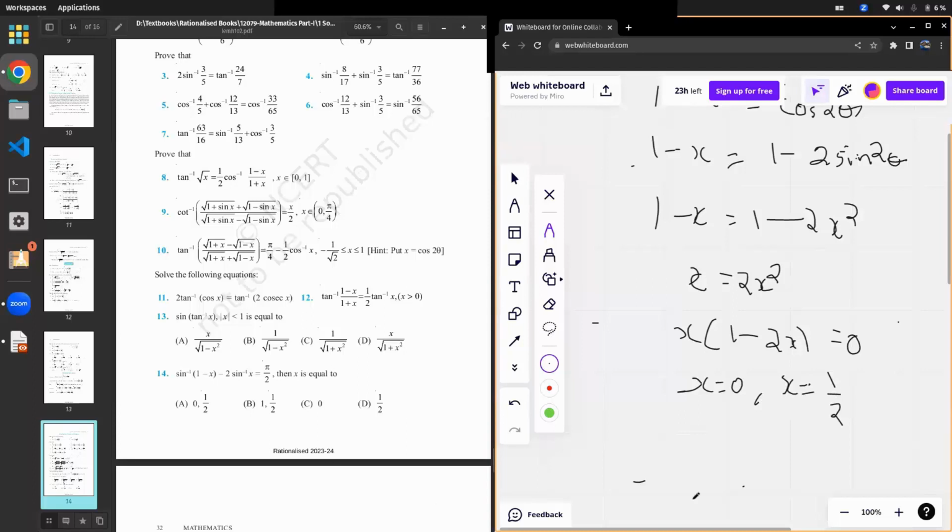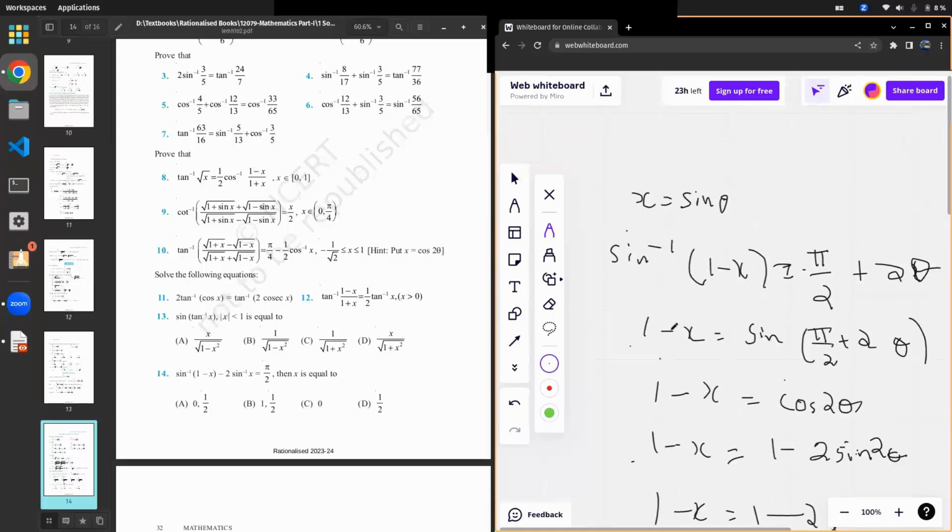If we substitute x is equal to 0, we'll get sine inverse of 1 minus 2 sine inverse of 0, which is equal to pi by 2. But if we substitute x is equal to half, we'll get sine inverse of half minus 2 sine inverse of half. So it will be pi by 6 minus 2 into pi by 6, which is equal to minus pi by 6. So the equation is not correct if we take x is equal to half.